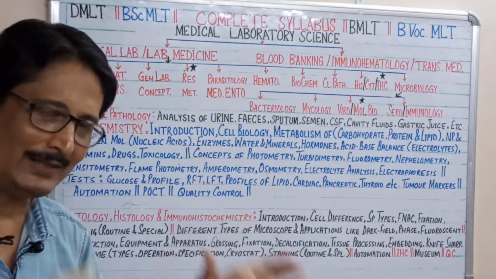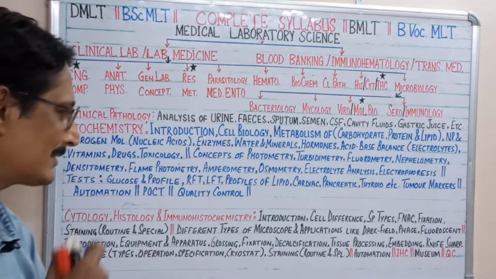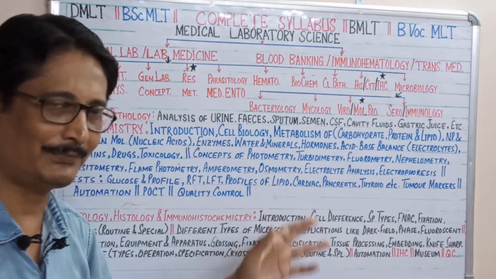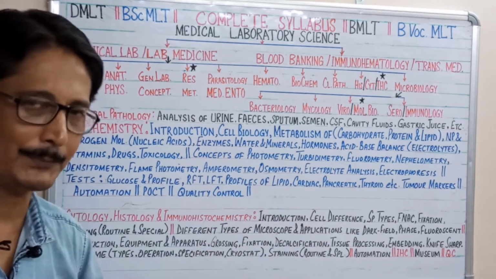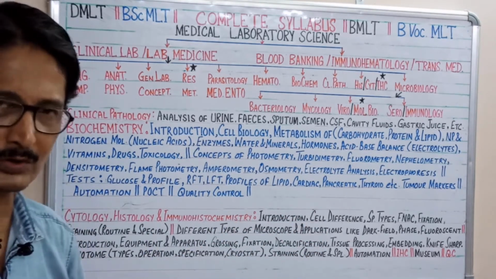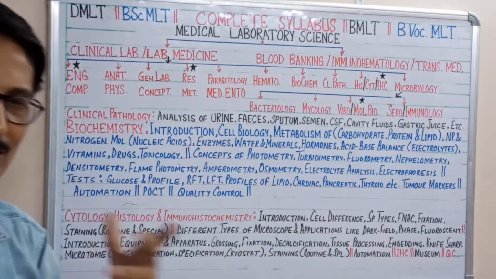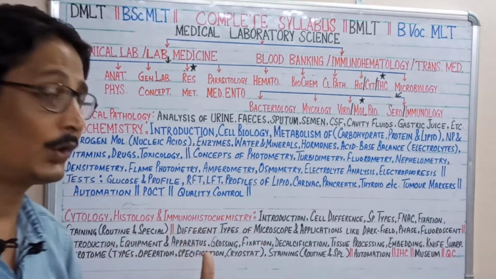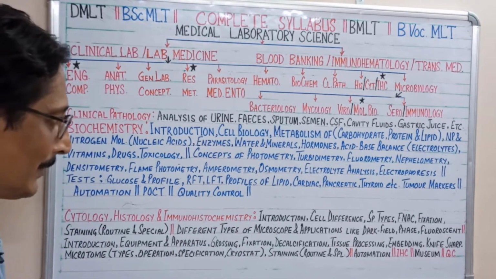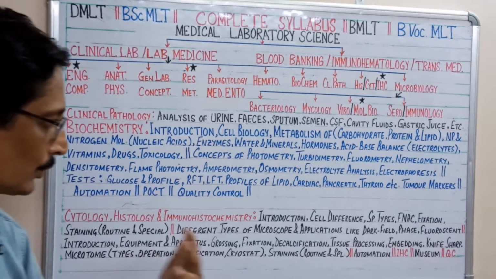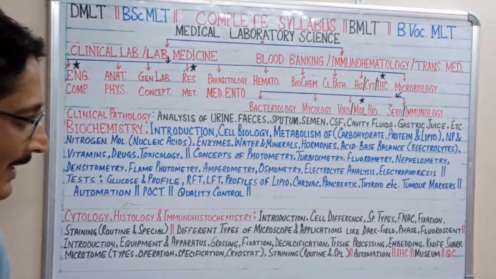The same term is used for other profiles. The lipid profile test includes 6 to 12 tests. Cardiac profile includes 4 to 8 tests. Pancreatic profile includes 2 to 3 tests.